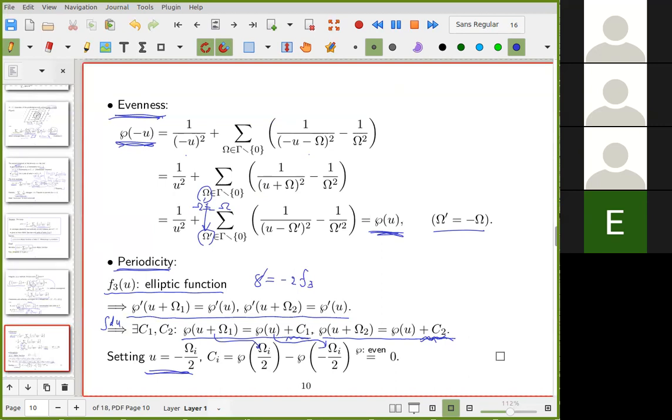And these constants Ci are differences of them, but we know that they are equal. We have already proved it. So these additional constants are actually zero, which proves that P has periods omega 1 and omega 2.